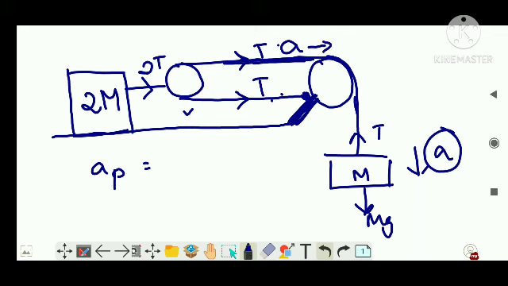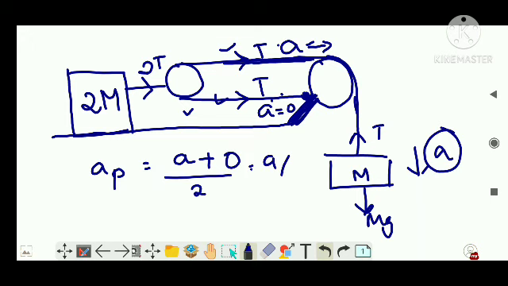What is the acceleration here? 0, because it is fixed there, so this string is not accelerating. This string will be trying to move down. So ap is equal to, there is no up and down here, so I can just write (a + 0)/2, or a/2.